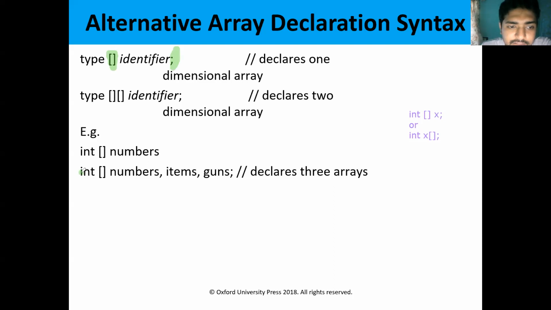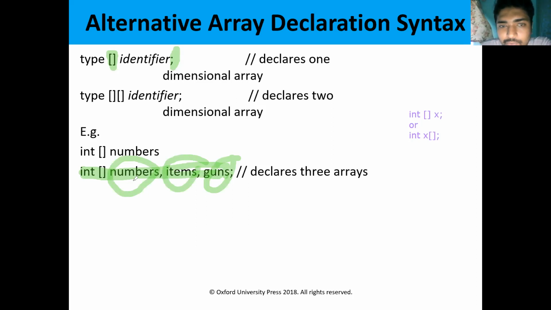And then we can see this one. If you are going to declare 3 arrays of the same type, we can use the comma operator to separate them. That means we are going to declare 3 arrays: numbers, items, guns. These 3 things are arrays.